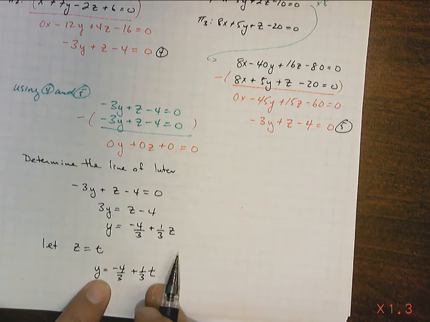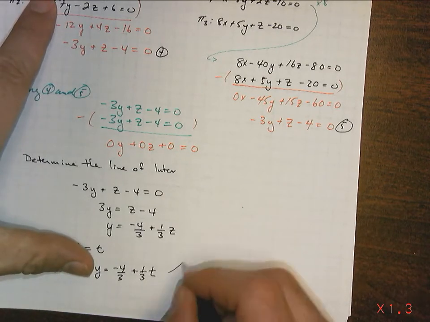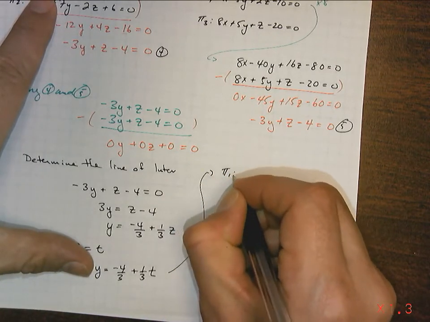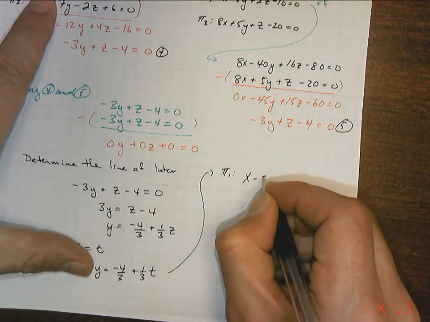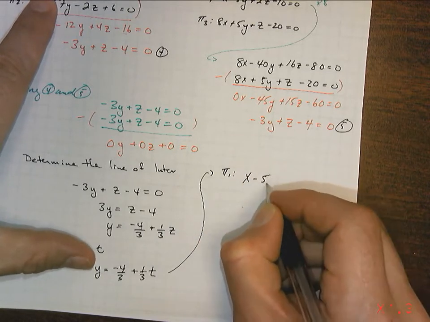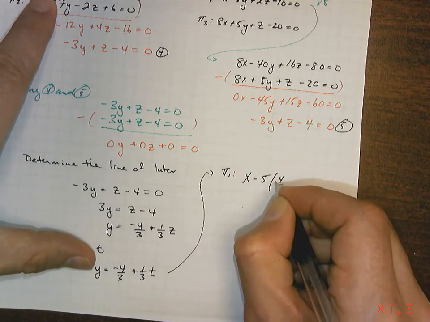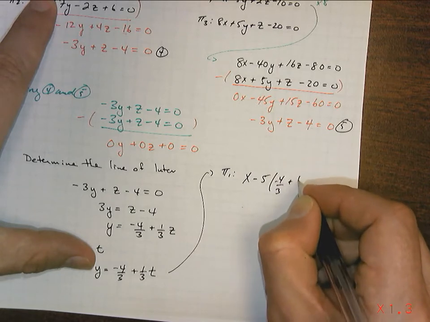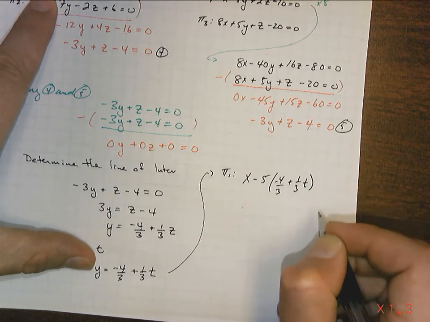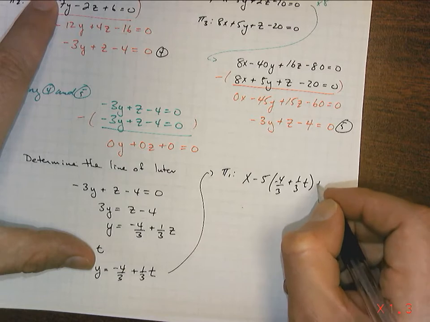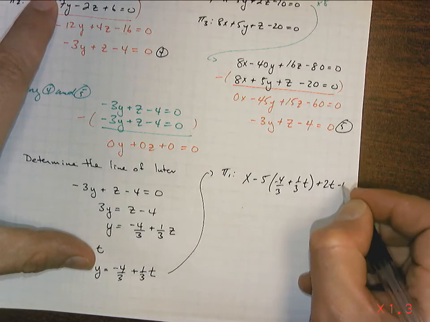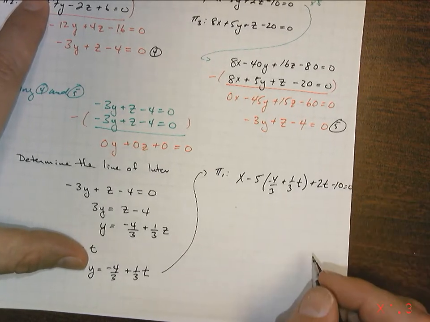So going back up into equation 1, I'm going to say x minus 5y, and y is negative 4 over 3 plus 1/3 t, and then plus 2t minus 10 equals 0.